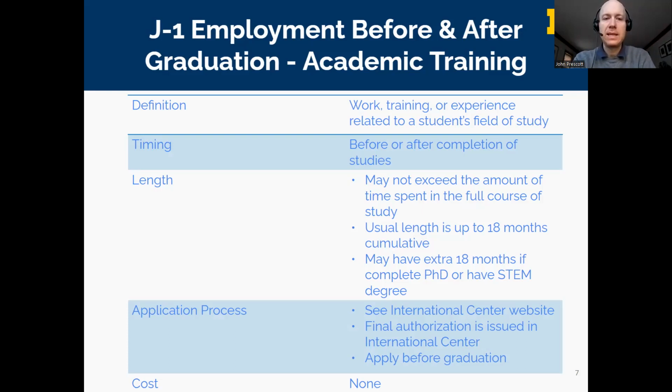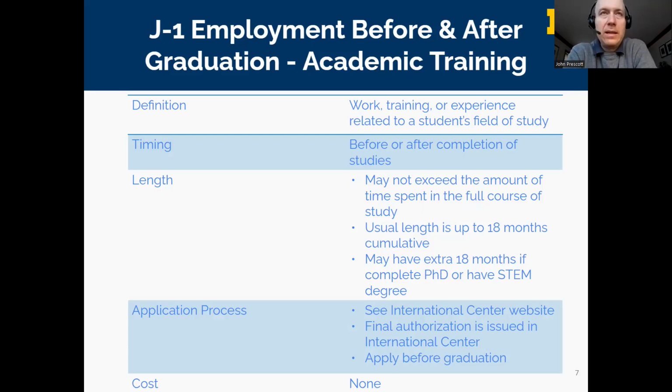Generally speaking, 18 months is usually the cap. However, there are some exceptions, and the most common exception is for PhD: when students have obtained and completed and been awarded the PhD degree, they may qualify for a total of 36 months of academic training, 18 plus 18.